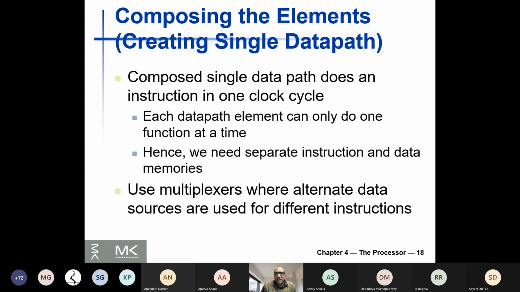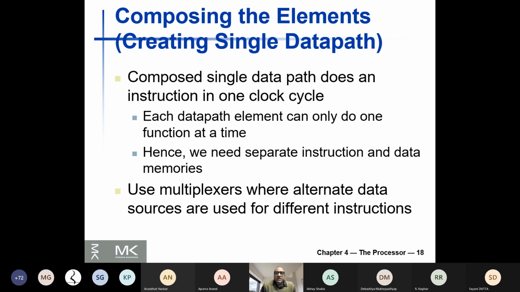Then, how to control these components so that the instructions are executed properly. So designing a processor is knowing about designing a data path and its controller for execution of the instructions of a specific instruction set.